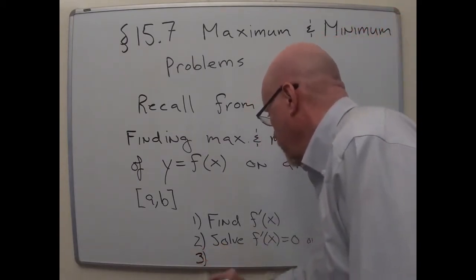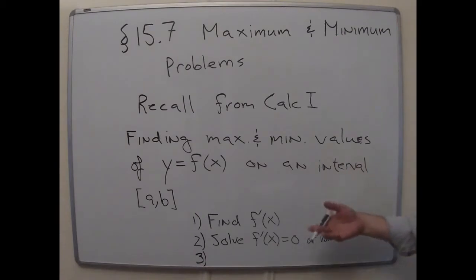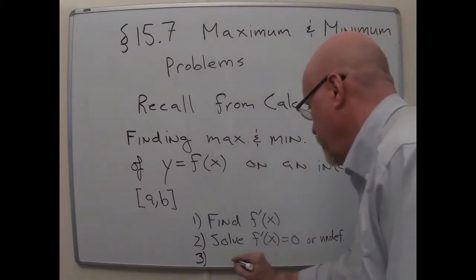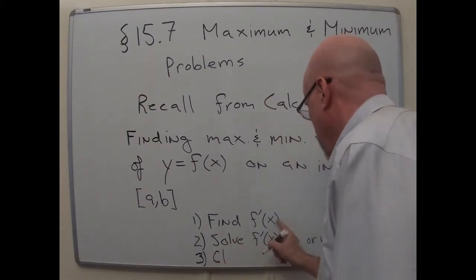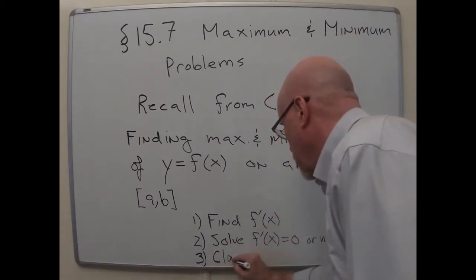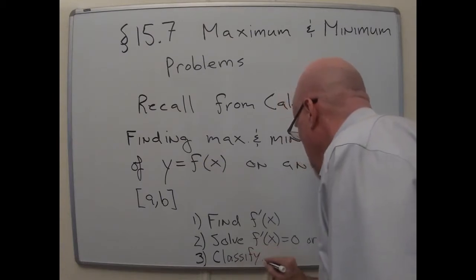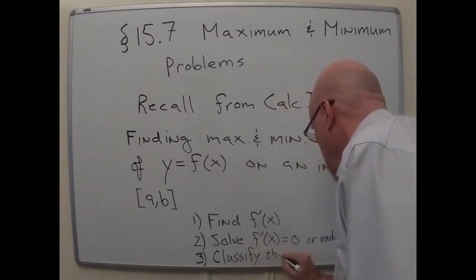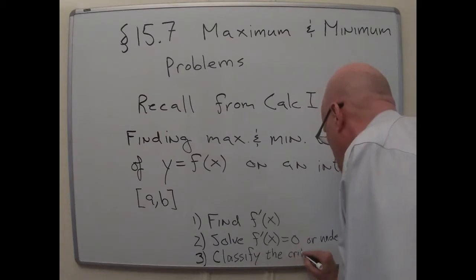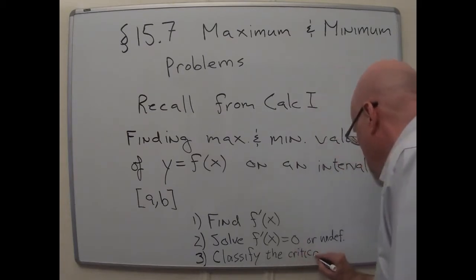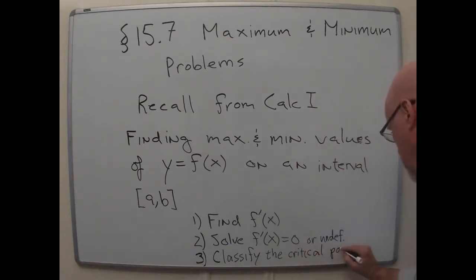Then the way I put it is you classify the critical points based on the second derivative. So we have to actually find f double prime too. Don't have enough room to write this.